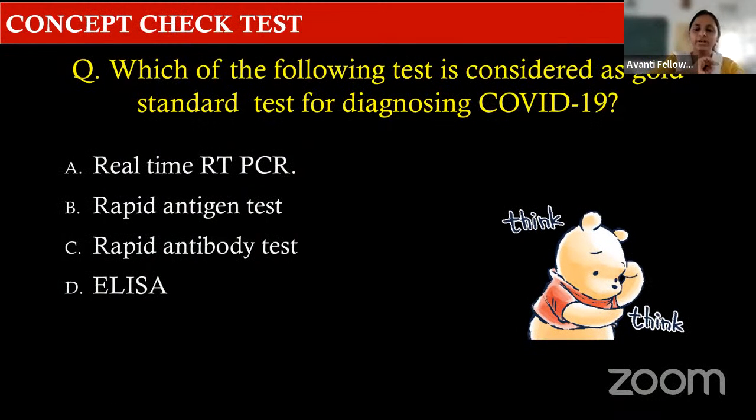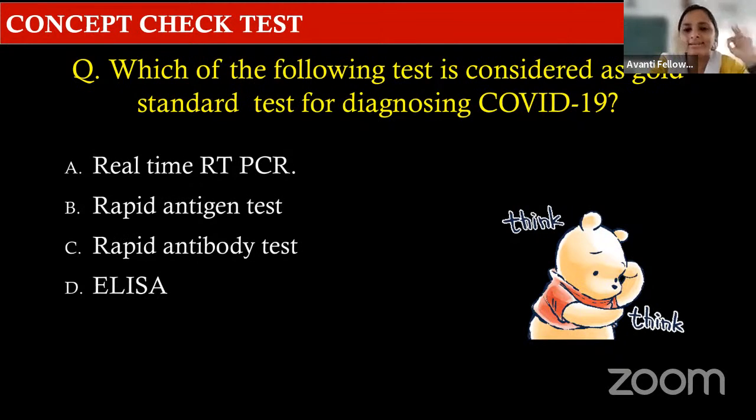Here is an easy question for you all. Which one of the tests is considered the gold standard test for diagnosing COVID-19? I think everyone knows that, right? If you have to travel anywhere, you have to give the test.